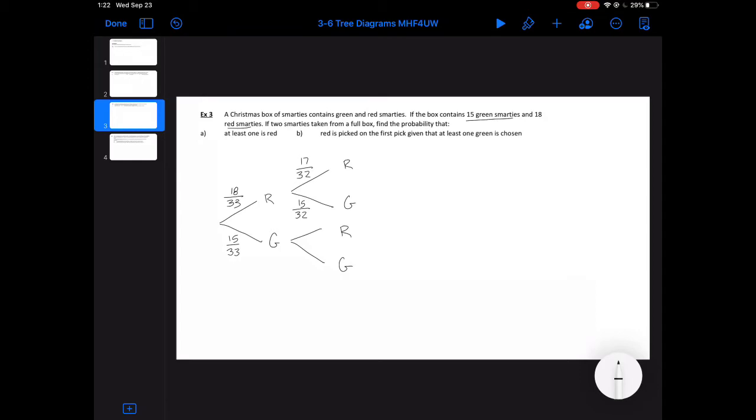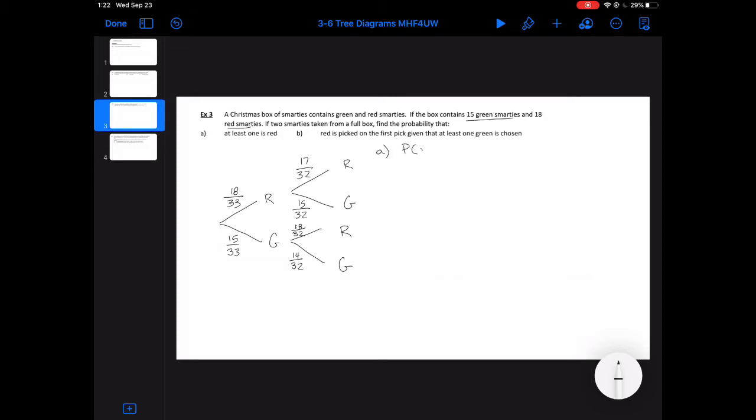Similarly, for the second branch, we've got 18 out of 32, because we haven't eaten a red Smartie, but there's 1 less in the box. And then for green, we've got 14 out of 32. Okay, we've eaten a green and there's 1 less in the box.